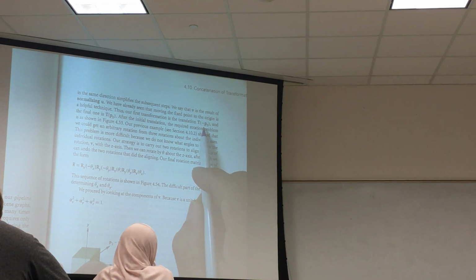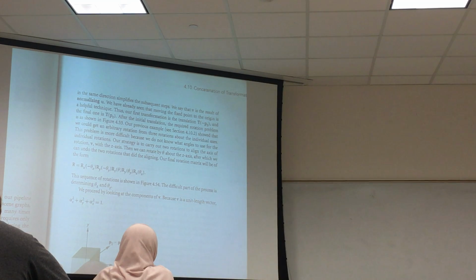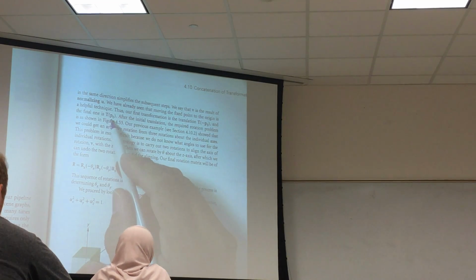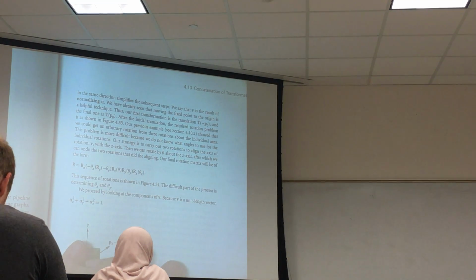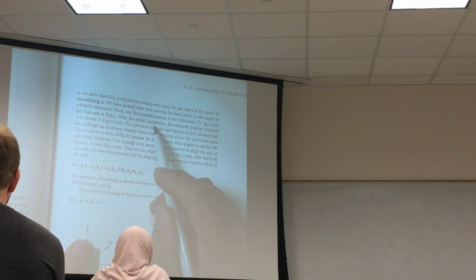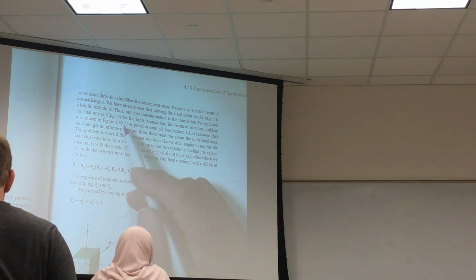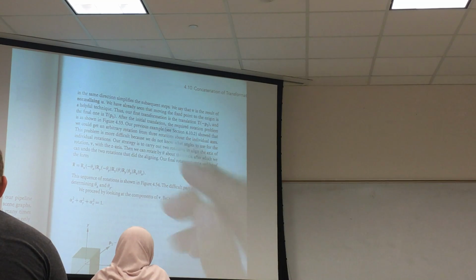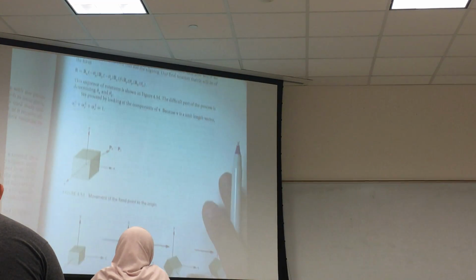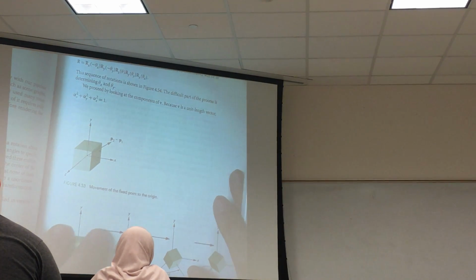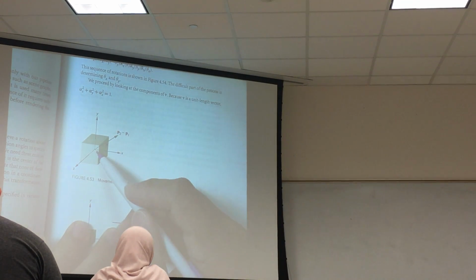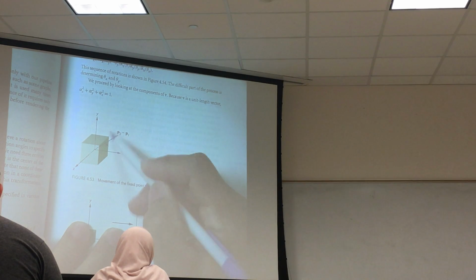So first is the translation, and then the last one, when we come back, we shift back to the original place, translating back by P0. It says that after the initial translation, the required rotation problem is shown in the next figure. So we are taking this point and rotating around this axis.